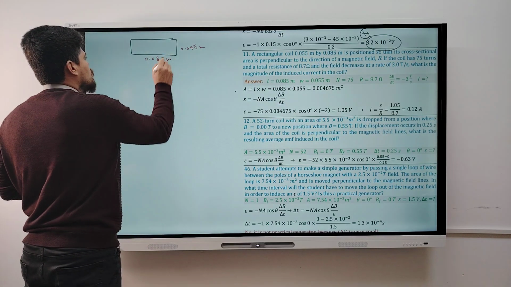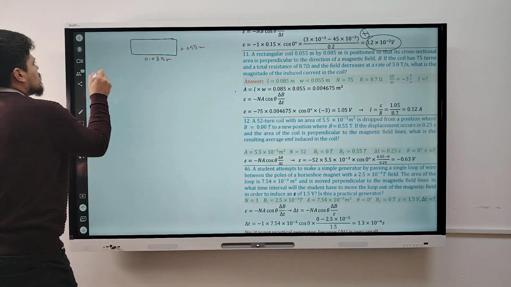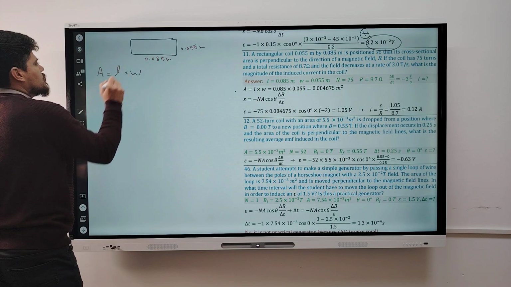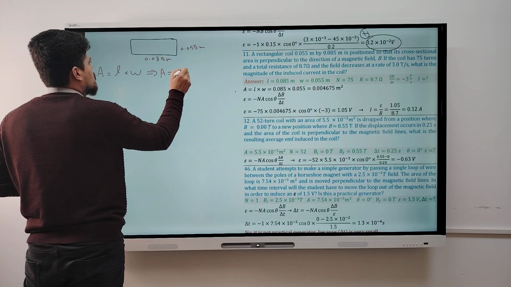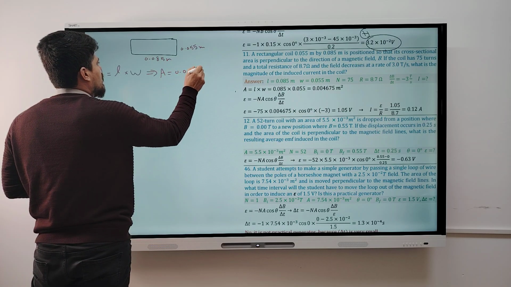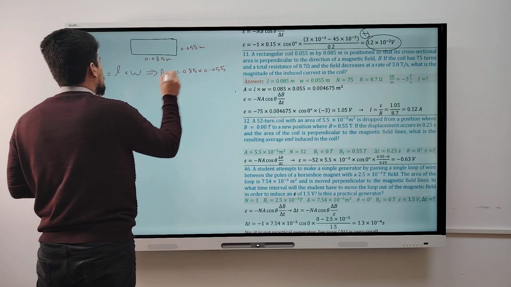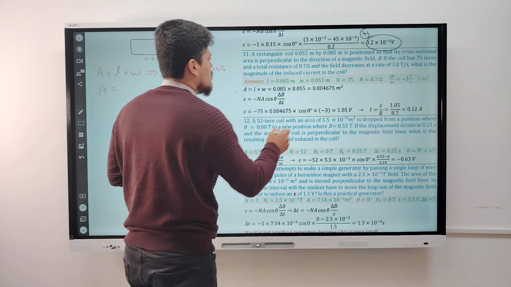So in the case when two sides of the rectangular coil are given, how can you find the area? According to basic math, it is equal to length times width. A is equal to what? 0.085 times its width, which is 0.055. Area, you can find it, okay, is equal to what?